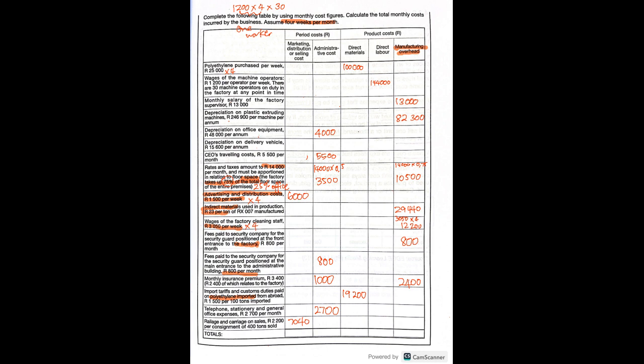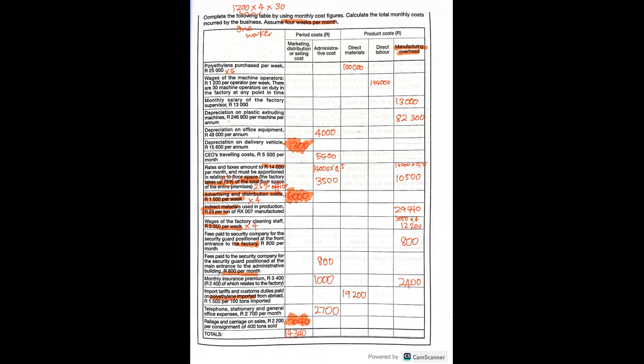Sorry, I mistakenly scratched over it and then I erased it. Okay, so here you're going to add the 1,300 for your marketing, selling, and distribution, plus the 6,600, plus that 7,040 that we just calculated, and that's going to give you 14,340 for your marketing, selling, and distribution.